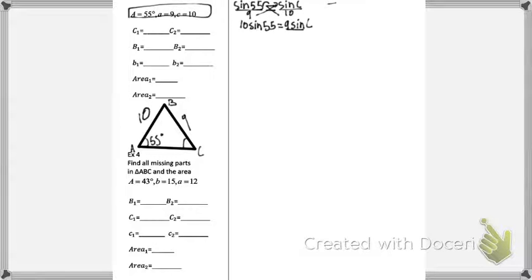Now let's divide 9 on each side so we can leave angle C alone.